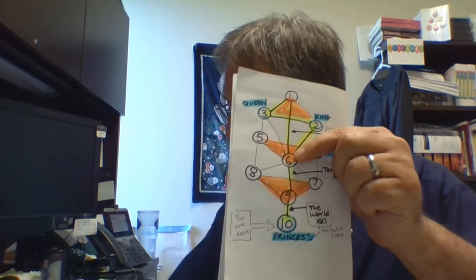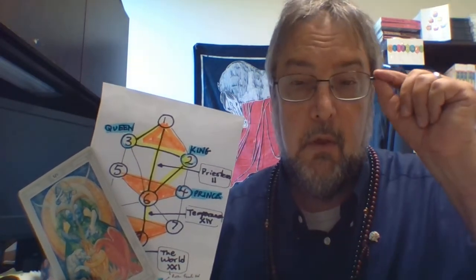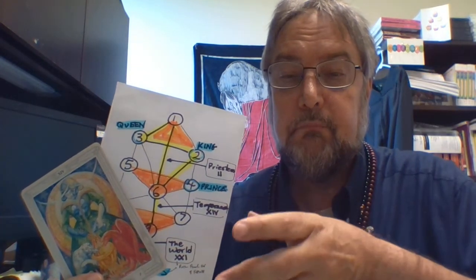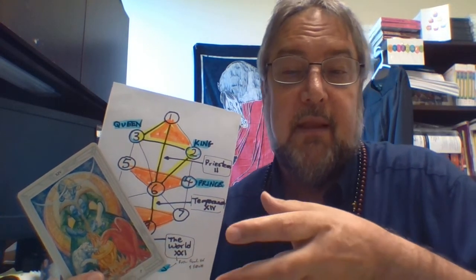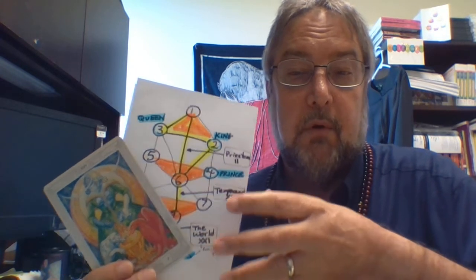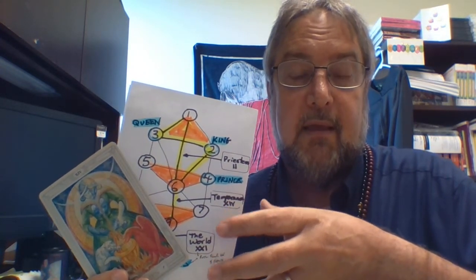Moving from the 9 to the 6, we have the Temperance card, and this gives us a clue why in the Pictorial Guide to the Tarot, Waite kind of hinted at this being one of the most important cards in the deck, and this may explain why.